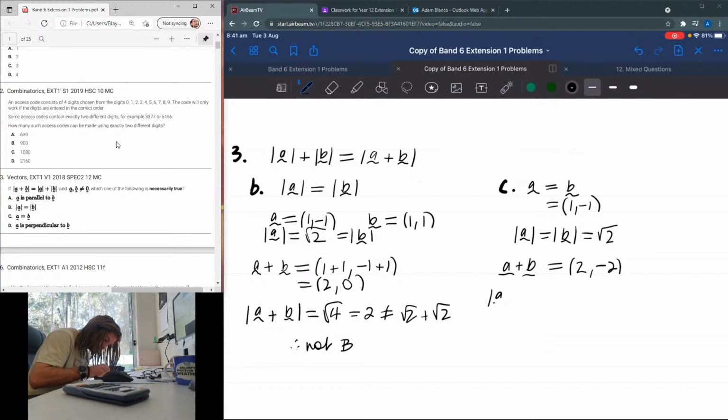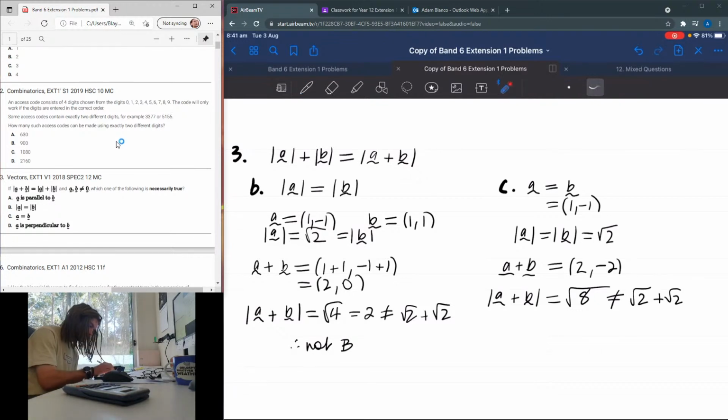The modulus is root 4 plus 4, is that right? So root 8, is that right? Which is not the same as, again, root 2 plus root 2. So therefore not C.